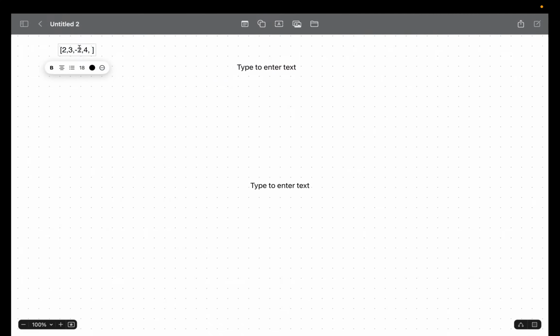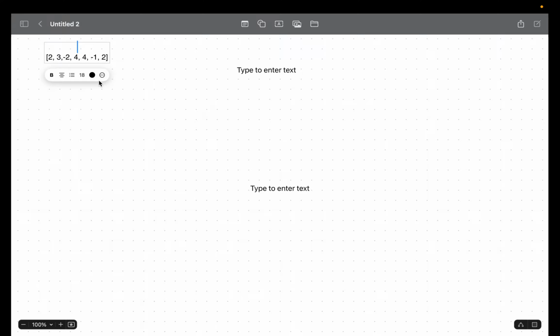So 2, 3, minus 2, 4, and let's take 4, and then one more, minus 1, and then 2. I think this much should be enough. Let's also add 0, 1, 2, 3, 4, 5, 6, 7.